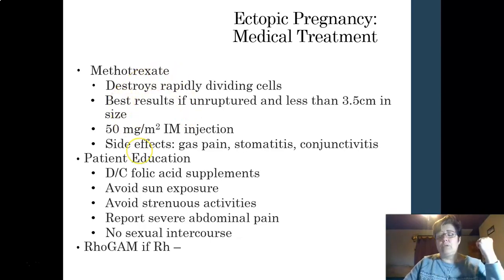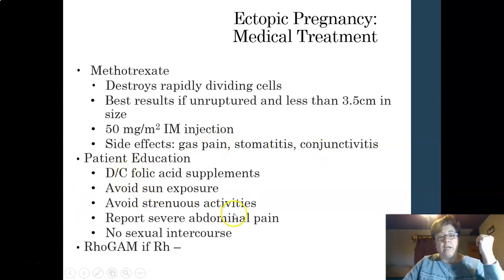This can only be used if the tube has not ruptured and if the fertilized egg or pregnancy is still very small in size, okay? It does have some side effects, but it appears to be effective. As I said, they use it more in European countries.